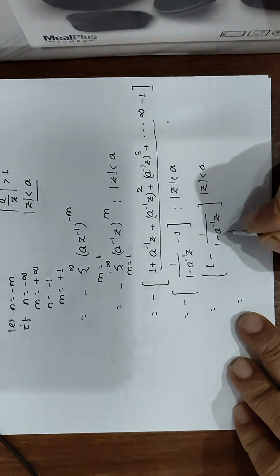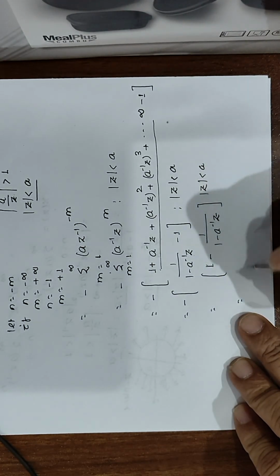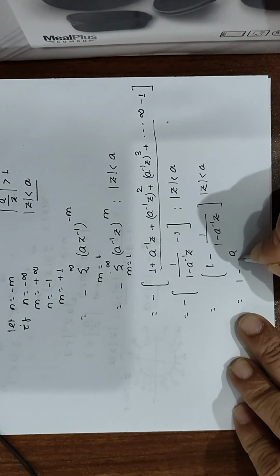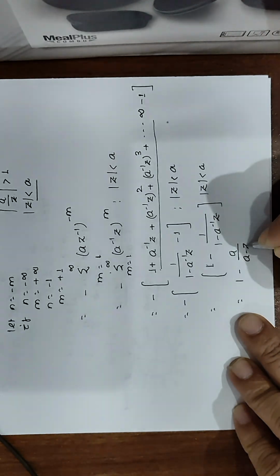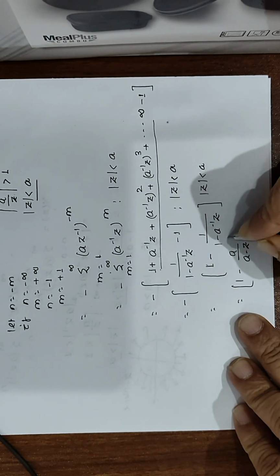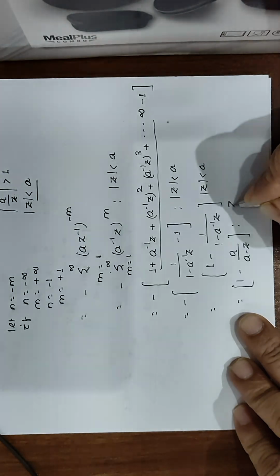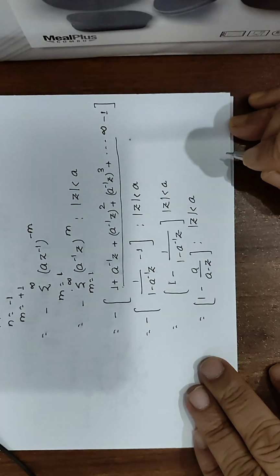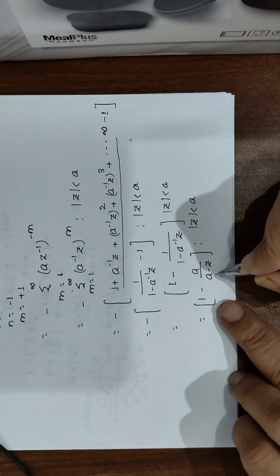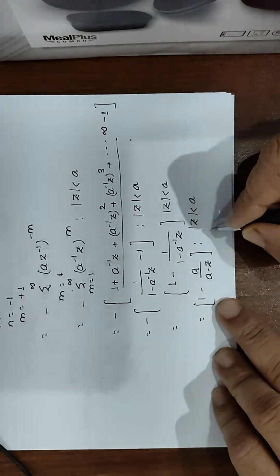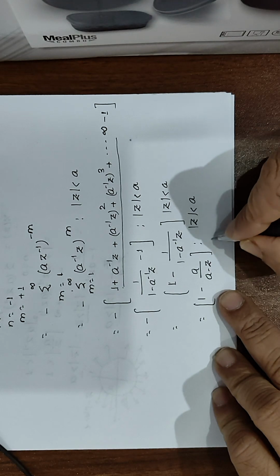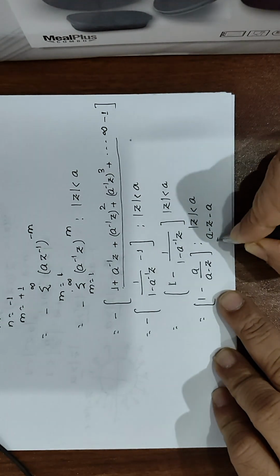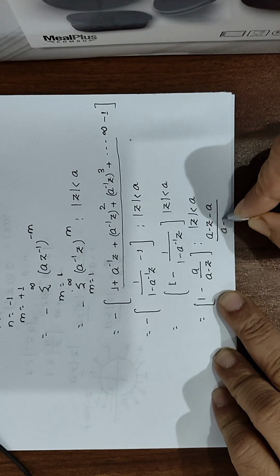If you simplify this, this becomes 1 minus a by a minus z, and mod of z should be less than a. So the next step: a minus z minus a divided by a minus z.